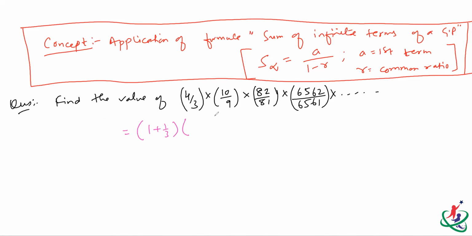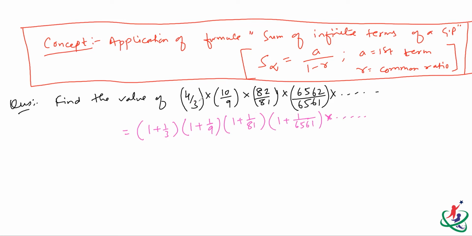You can write 10 upon 9 as 1 plus 1 upon 9, that is nothing but 1 upon 3 square, right? 9 can be written as 3 square. Similarly, you can write 82 upon 81 as 1 plus 1 upon 81, and 6562 upon 6561 as 1 plus 1 upon 6561. If you see carefully, you will understand why we are doing this.